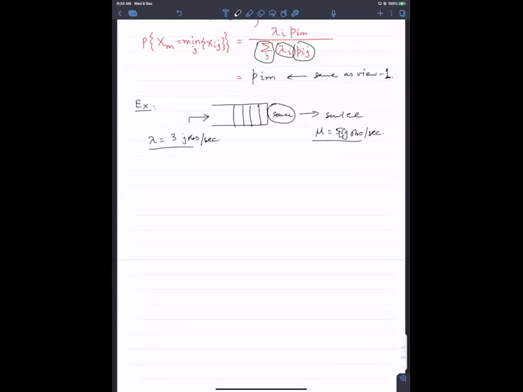So I can draw the state transition diagram for this as well, showing the number of jobs in the queue. You can have 0 jobs, or 1 job, or 2 jobs, or 3 jobs, and so on, all the way up to infinity. If you are at 0, then jobs arrive at 3 per second, so there is some arrival rate here.